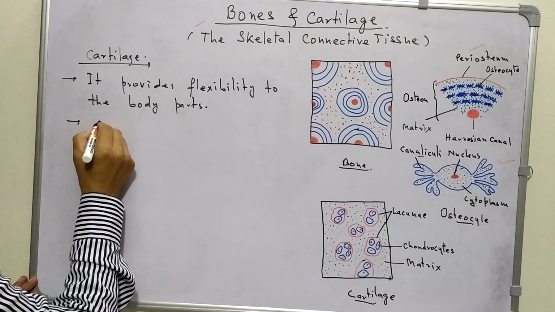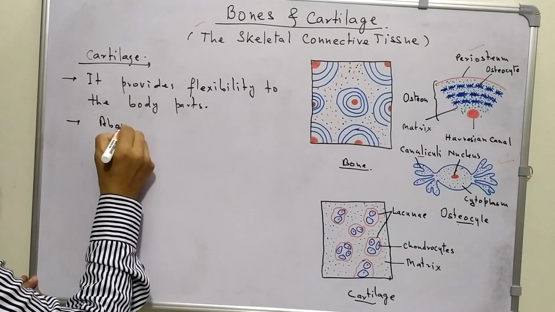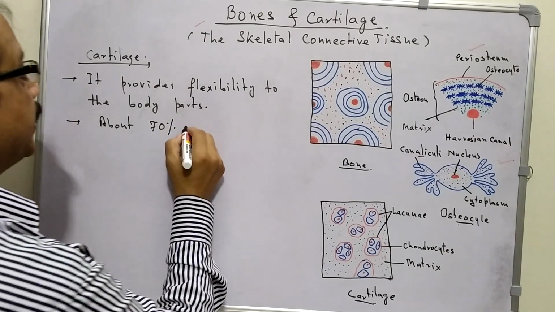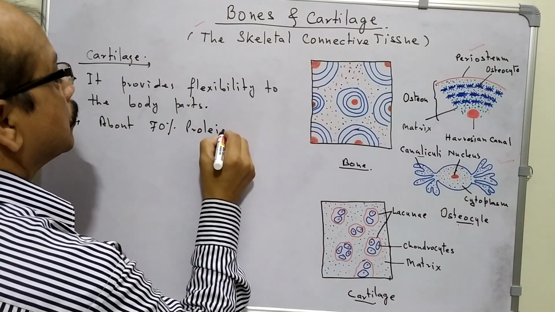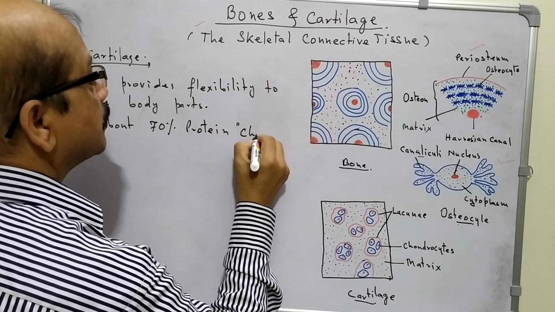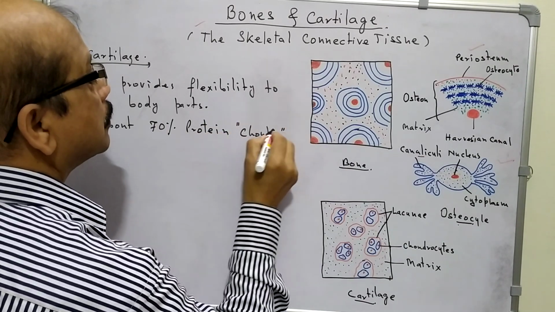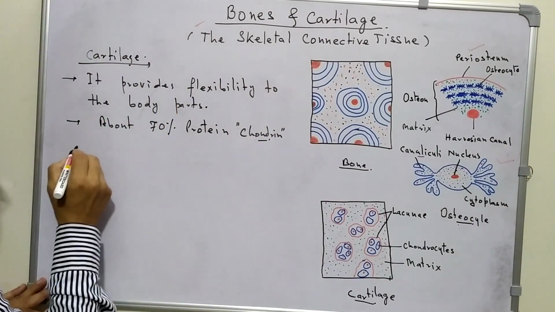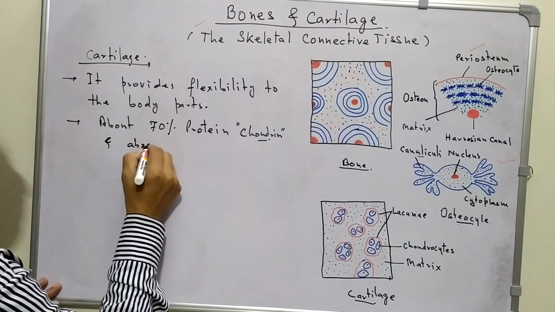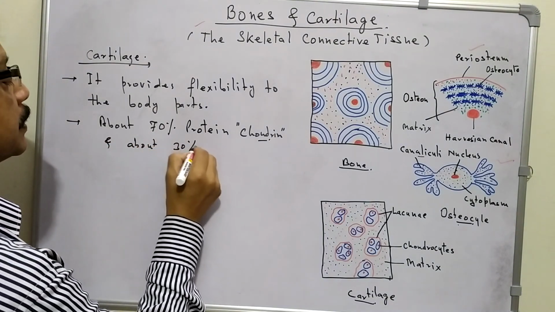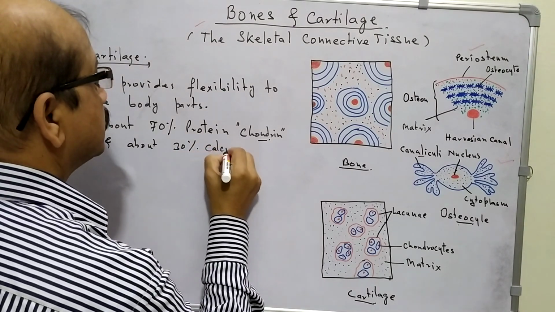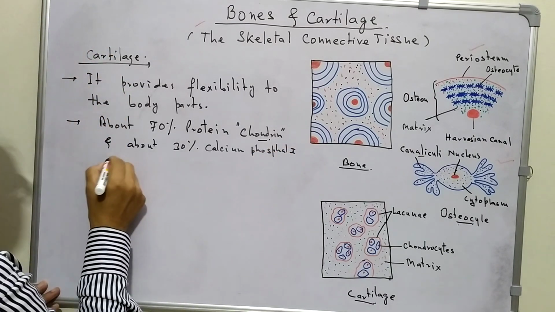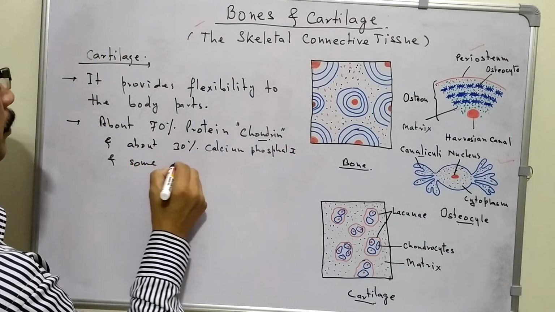It is made up of about 70% protein, which is known as chondrin. Chondrin forms the matrix also. And about 30% calcium phosphate and some minerals.